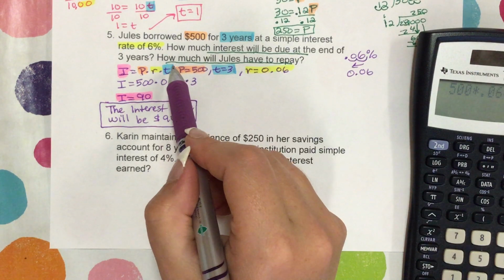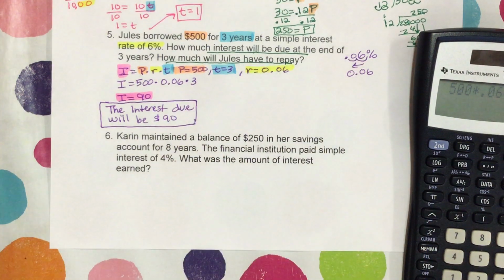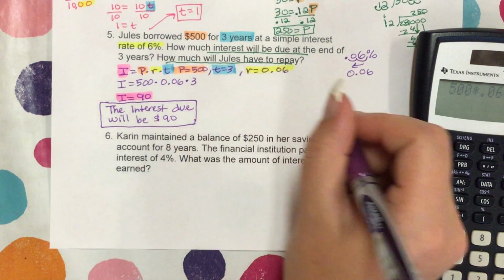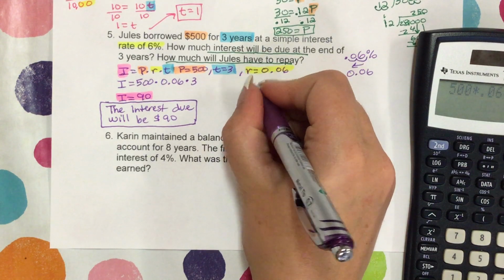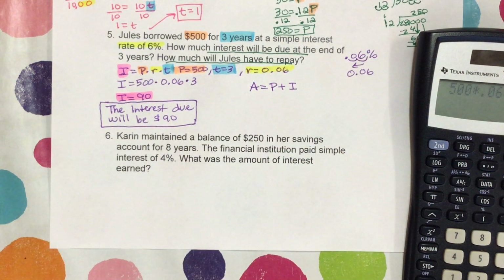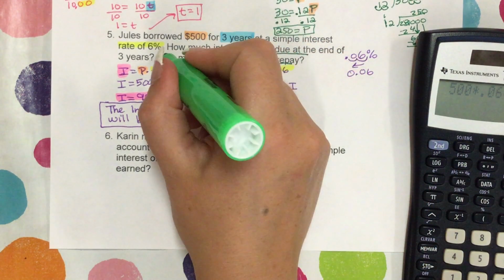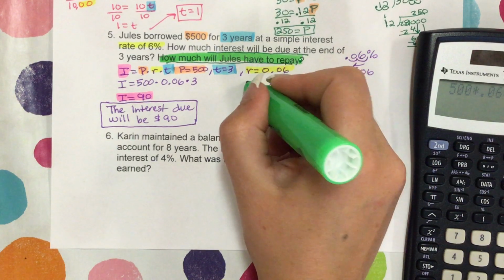Now the next question says, how much will Jules have to repay? Now that is referring to the total amount. And remember, we have a different equation for that. That equation is the amount equals the principal plus the interest. Okay? So how much will Jules have to repay? That's the total amount.